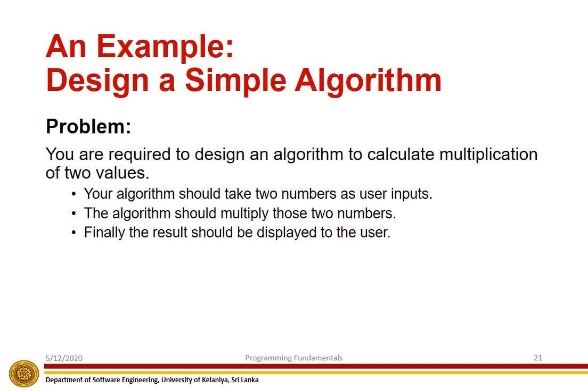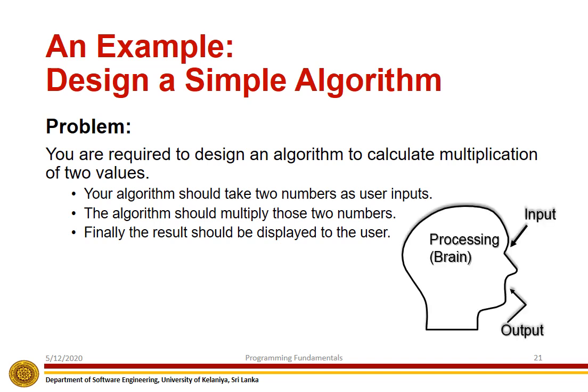Now we will see an example of designing a simple algorithm. You have some work to do this week. I will explain the problem and create a defining diagram. You have to try to write the algorithm for this problem. The problem is to calculate the multiplication of two values.